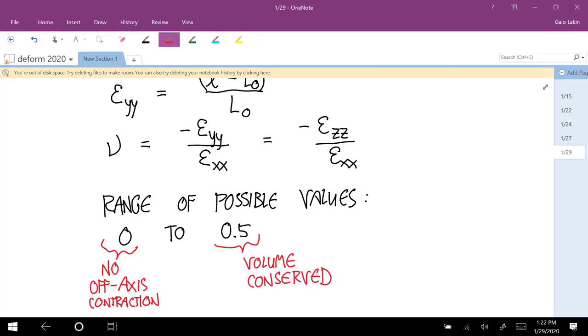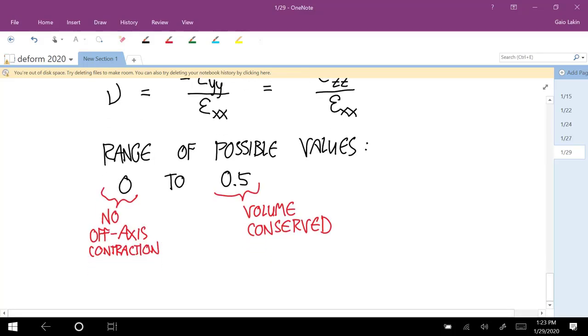There's no material where you stretch it and it contracts so much that its volume is decreased. That never happens, okay? And if you compress it, it'll bulge out, but no material bulges out so much that its volume is increased, okay? So this is the limit that it's incompressible.